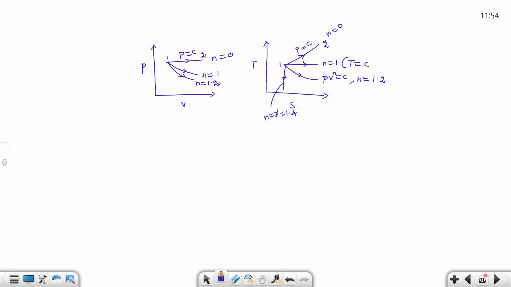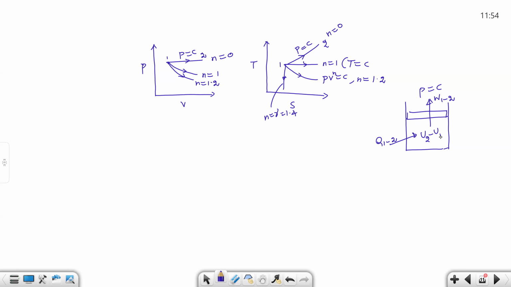So what happened? In the expansion process, if you see your constant pressure process, you get the work output. So you supply the heat. So there will be internal energy change.